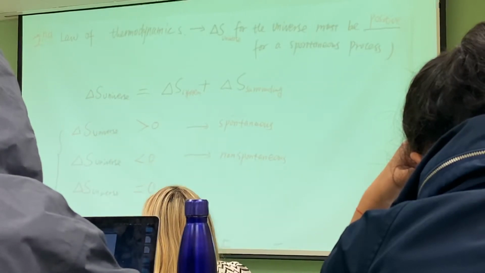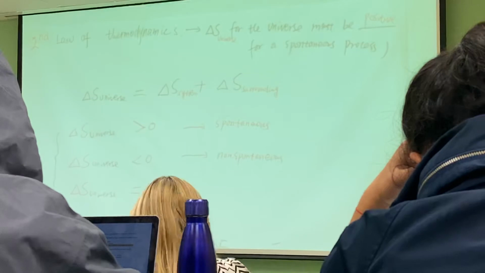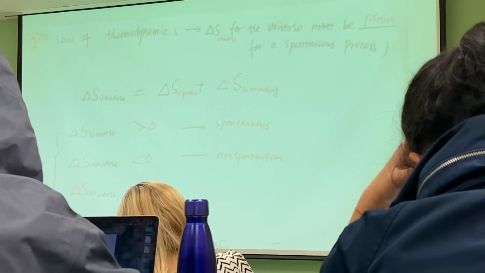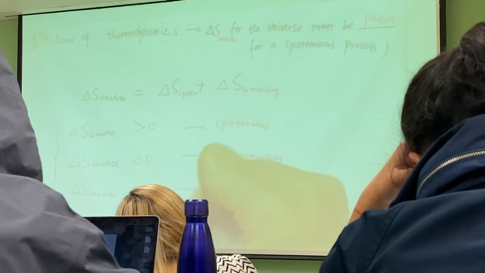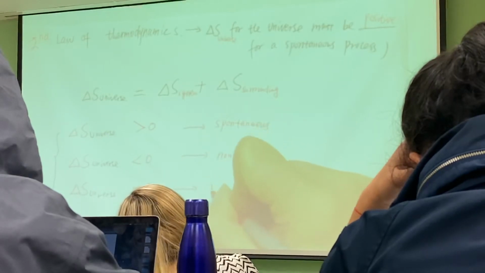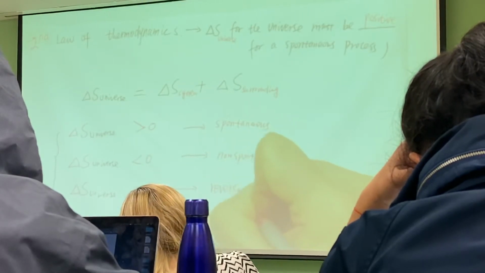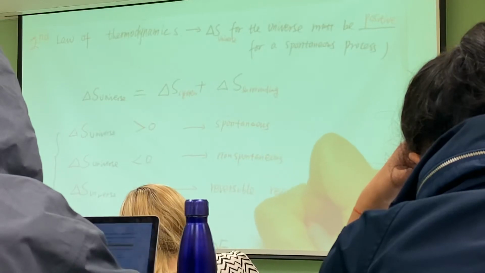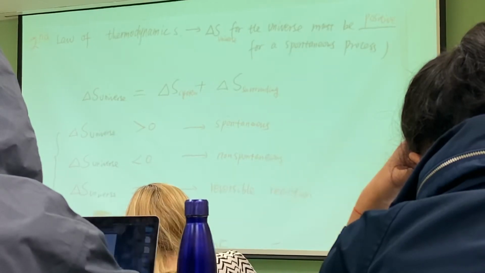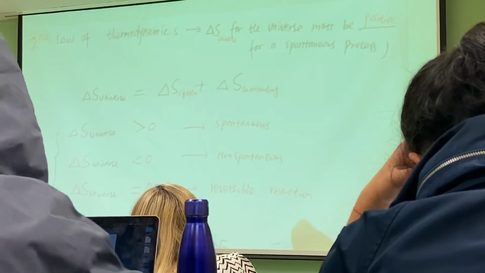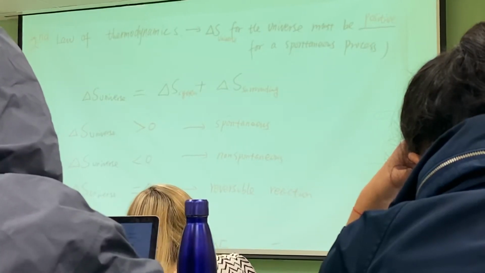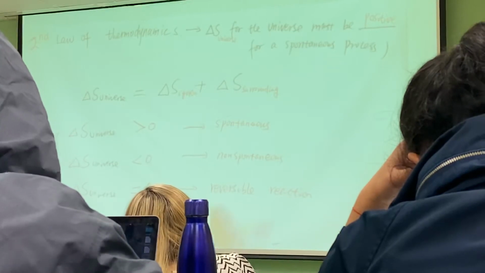If delta S universe is equal to zero, what happens? That means it can go this way, it can also go that way, both spontaneous. So it does exist. It's a reversible reaction. And we already know a reversible reaction does exist, and it gives you equilibrium. So delta S universe equal to zero can occur, can exist.